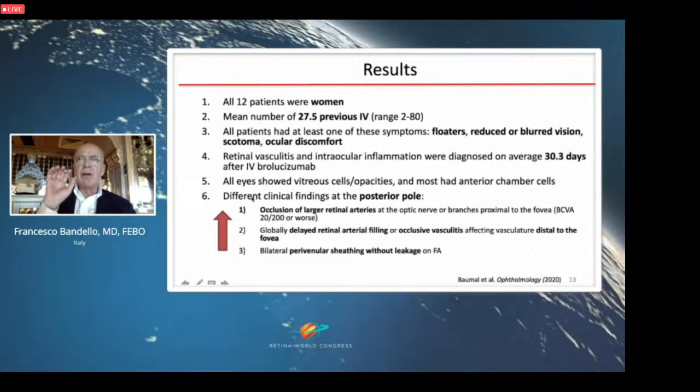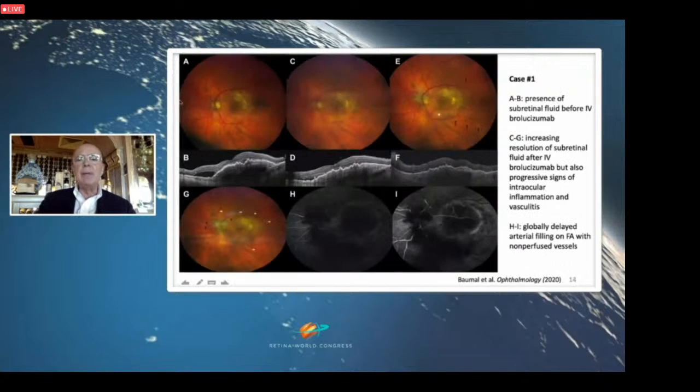With reference to the posterior pole, there was an occlusion of the larger retinal arteries, delayed retinal arterial filling or occlusive vasculitis, and perivenular sheathing associated with leakage. Here you have a typical aspect of this kind of lesion. It's a very impressive angiographic appearance.